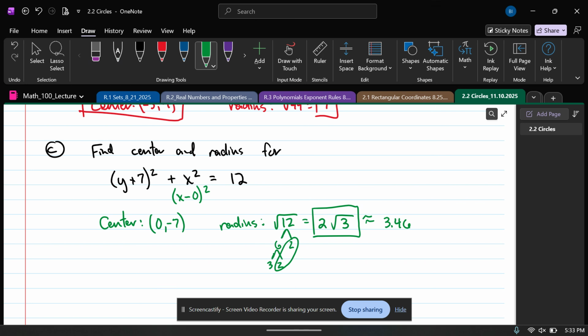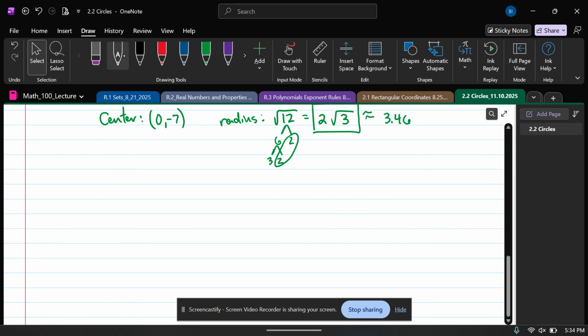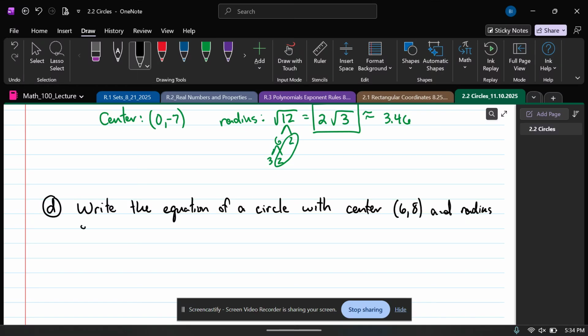Okay, so given an equation, finding the center and the radius. That's the first thing. Next thing is going the other direction. Write the equation of a circle with center 6, 8 and radius 13.